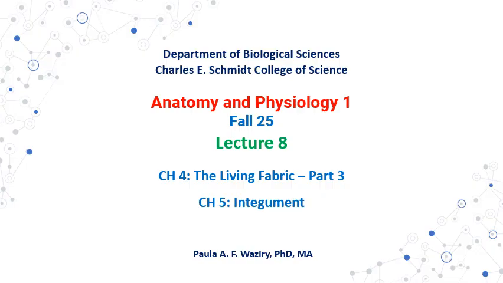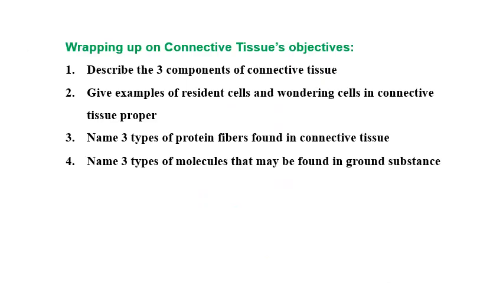The tissues, right? We're going to do a little cleanup on the connective tissue, with a bit more specifications and details. And if we have time, we start on the skin. If not, then we leave the skin for next week. Okay, so what should you know about connective tissue? You should know the 3 components that are important for the definition of connective tissue.